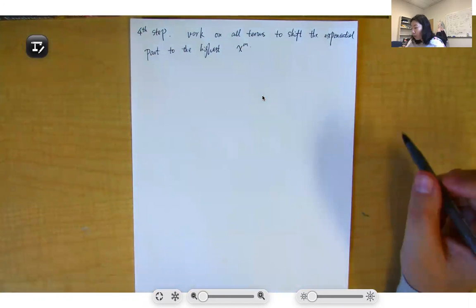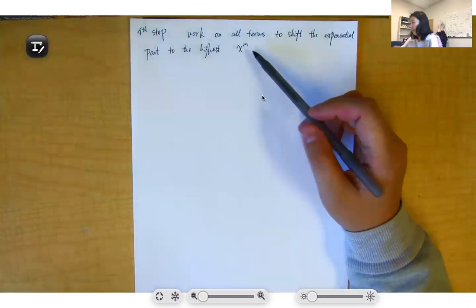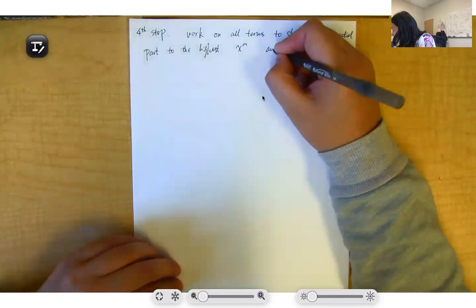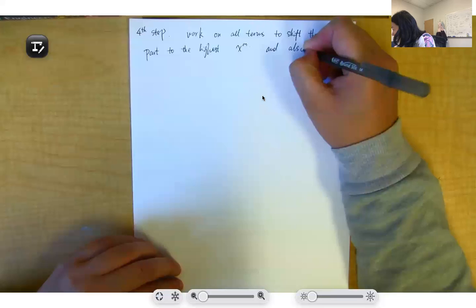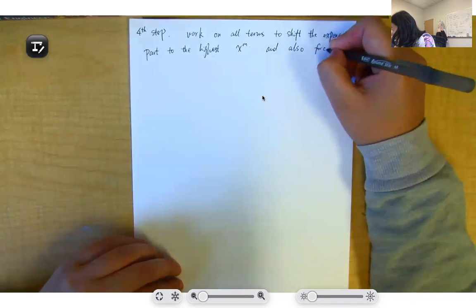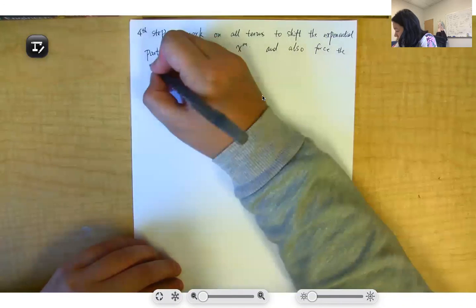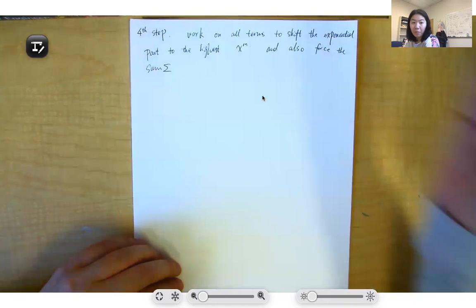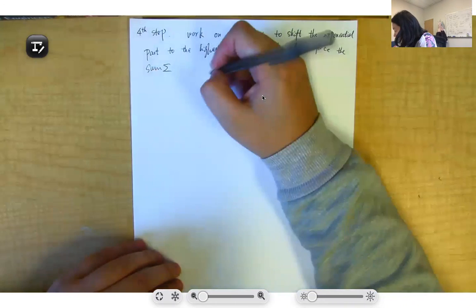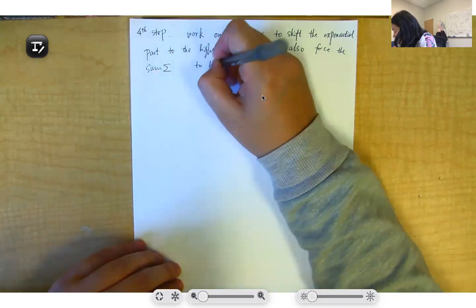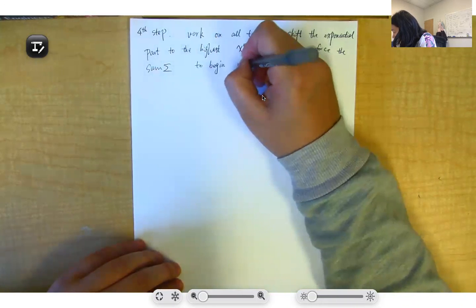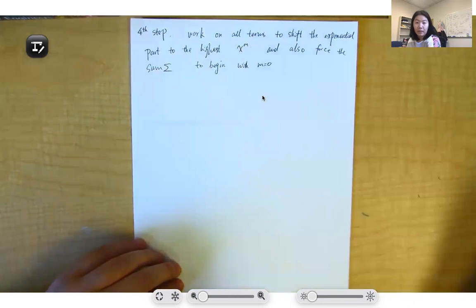We want to shift all the terms to be x to the m. And also, we want to force the sum part to begin with m equals to 0, okay?